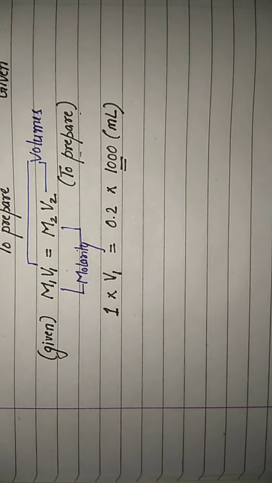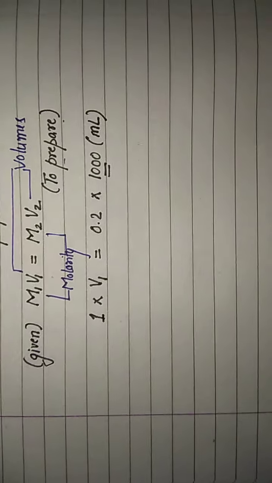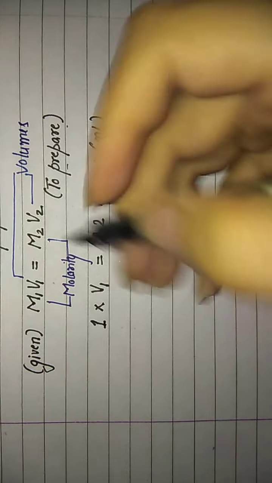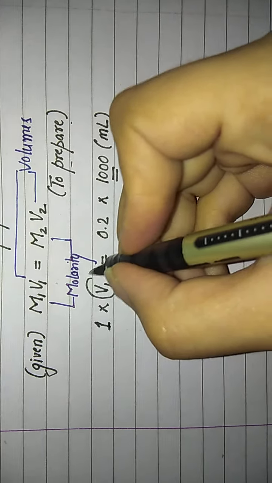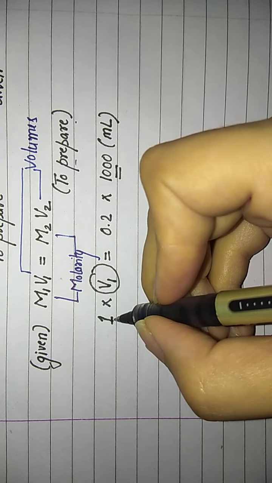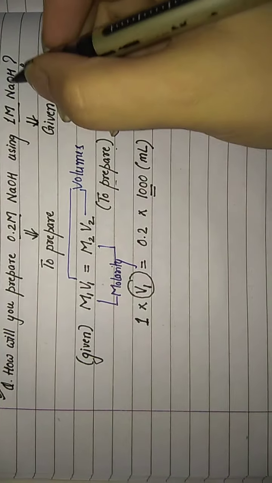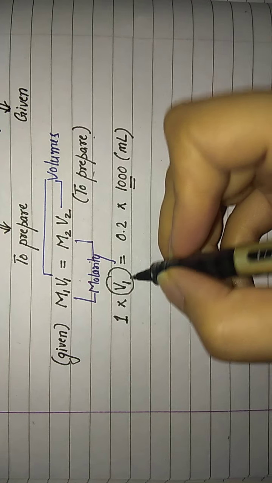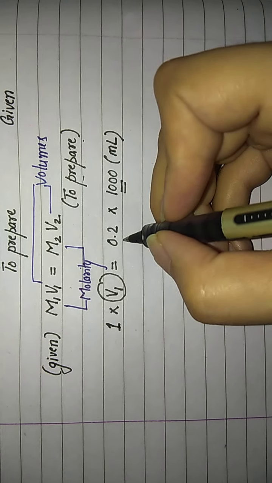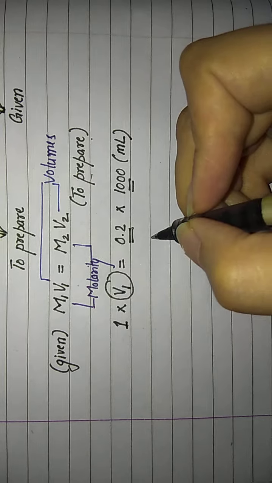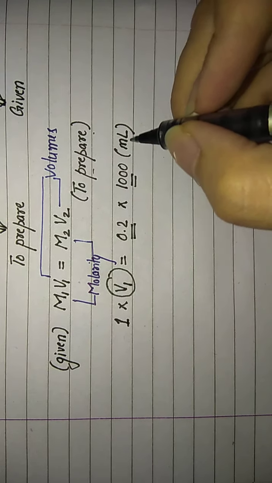Okay, so how will I translate this particular thing in words? I will say how much volume of 1 molar NaOH will be taken so as to prepare 0.2 molar in 1000 ml.